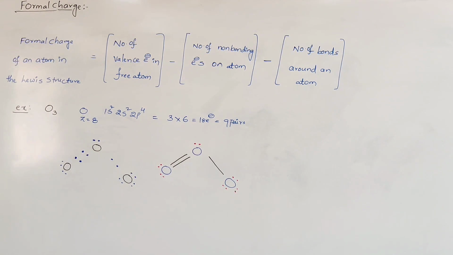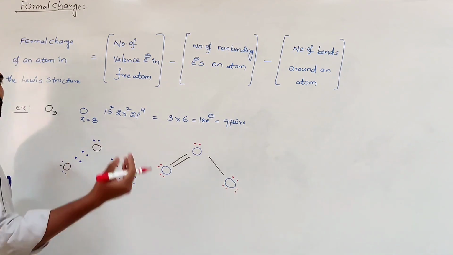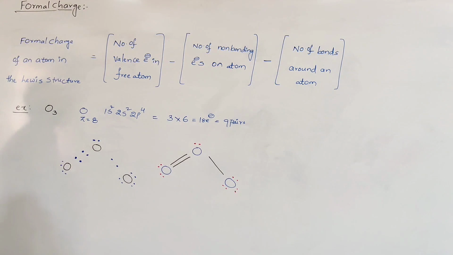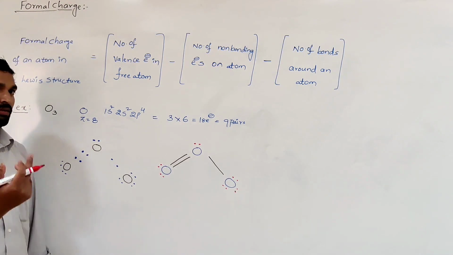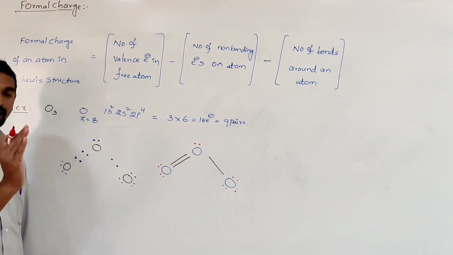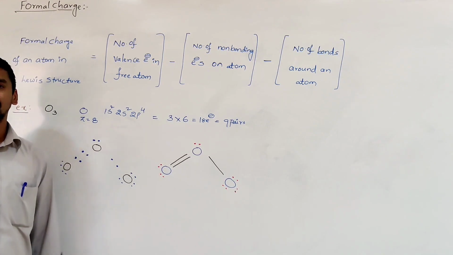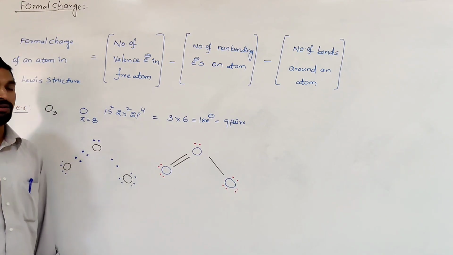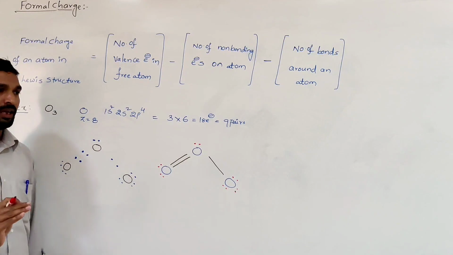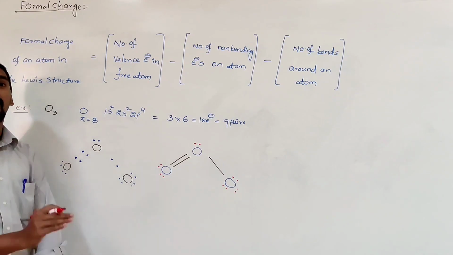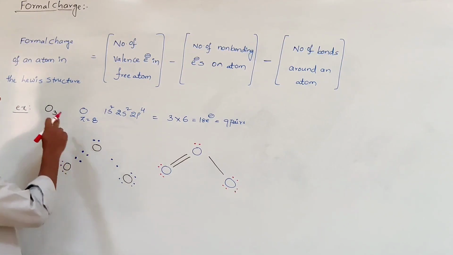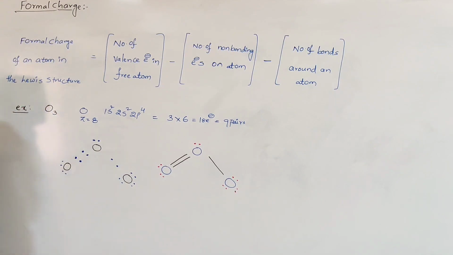After writing the Lewis structure, we can calculate the formal charge of each atom in a given molecule or ion. While calculating the formal charge of each atom, definitely we need to label them whenever the atoms are the same. Because in this molecule all the 3 oxygen atoms are the same, that's why we need to label them.